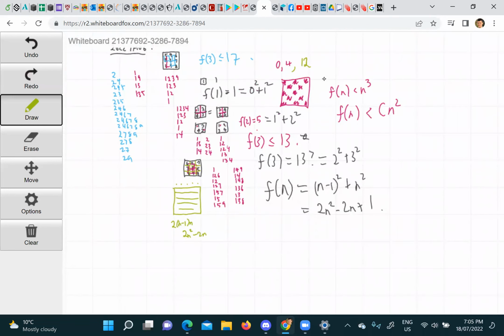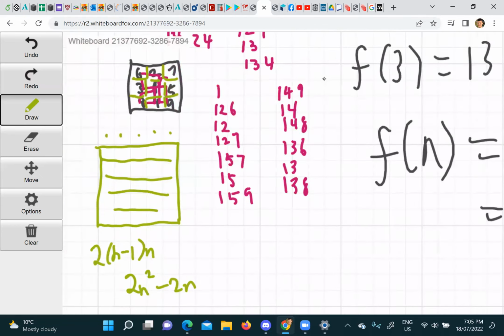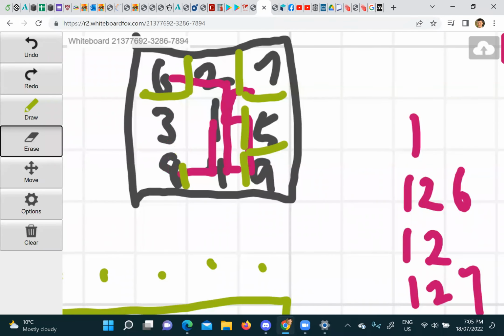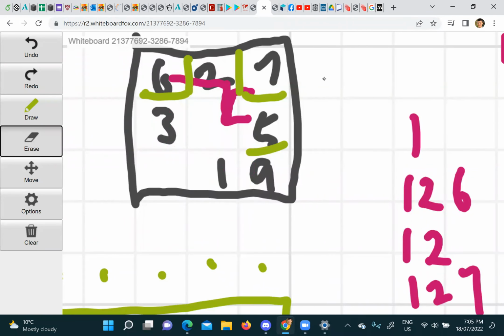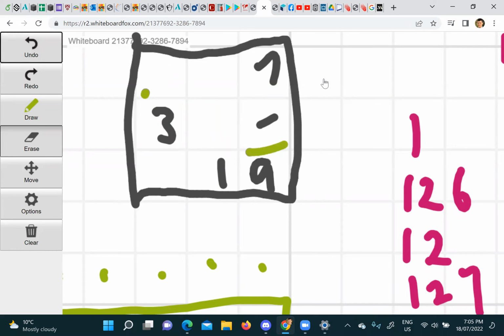So if you have just a random grid, maybe this one we had before. Oh, I just erased everything.